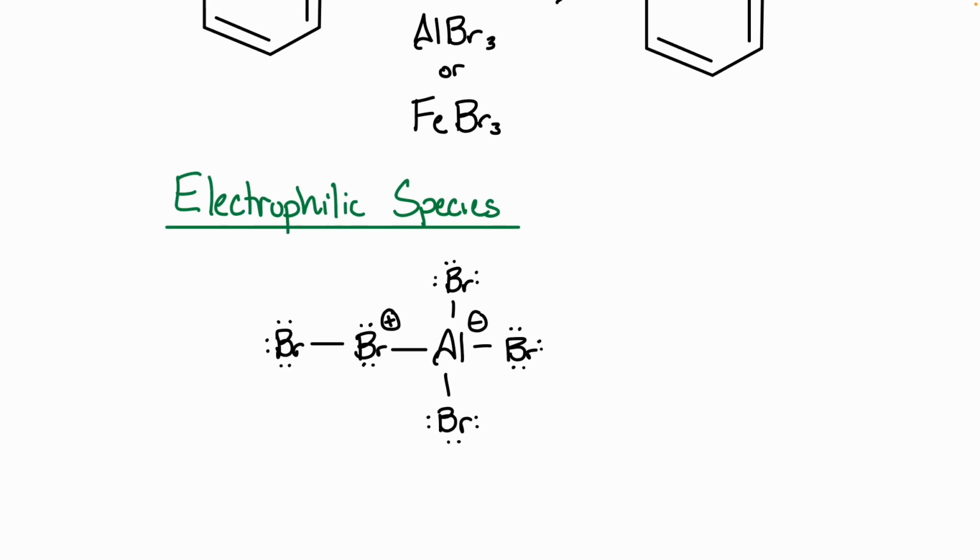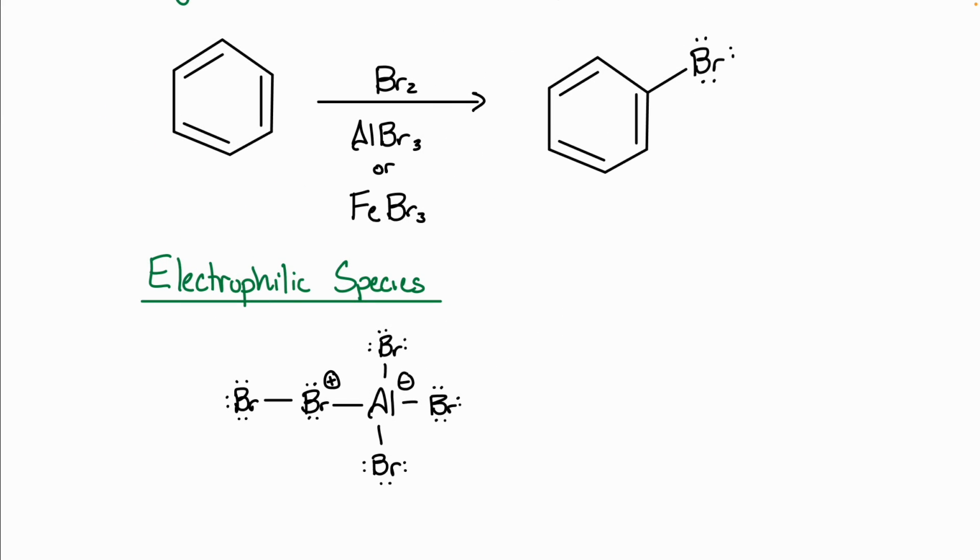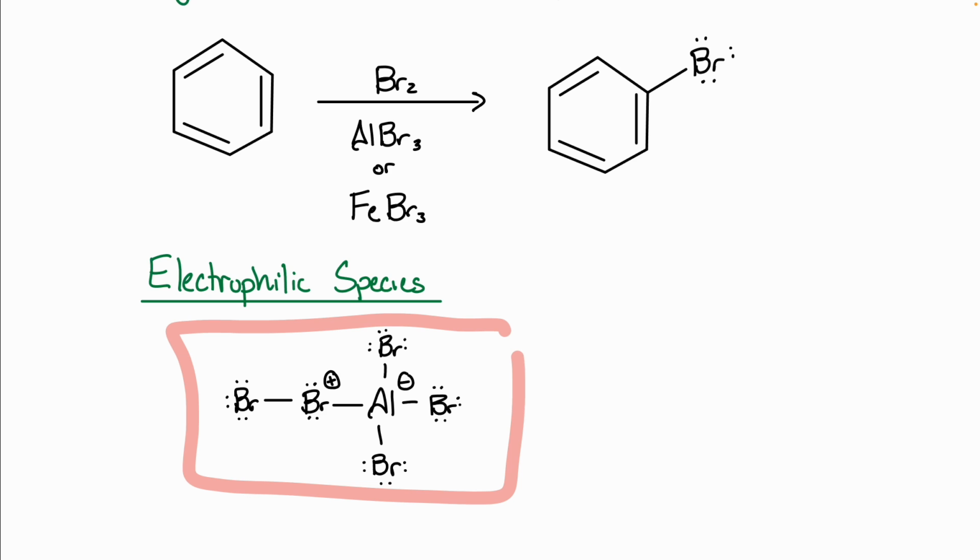It turns out that bromine all by itself is not a good enough electrophile for this reaction to actually occur. If you just mix bromine with benzene, nothing happens. But if you put in this catalyst, like our aluminum bromide, it will form a complex with that bromine molecule, making it that much more electrophilic. So this is actually what's participating in our reaction here, this electrophilic species.